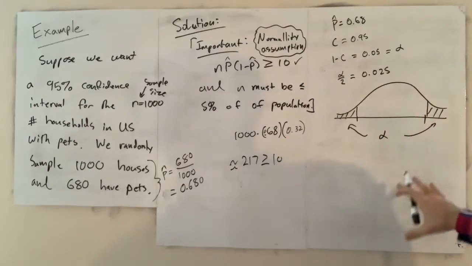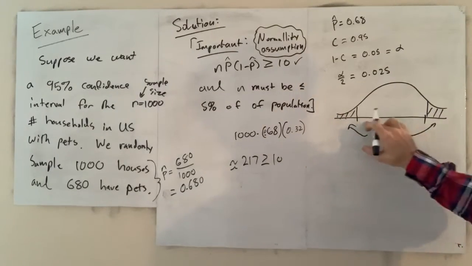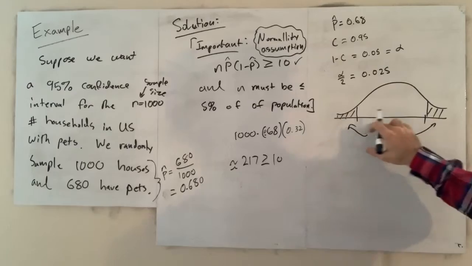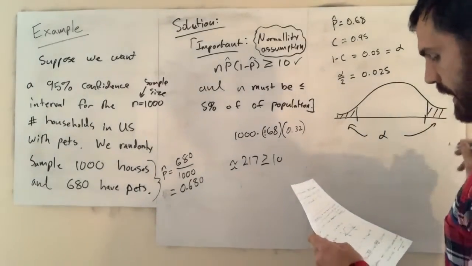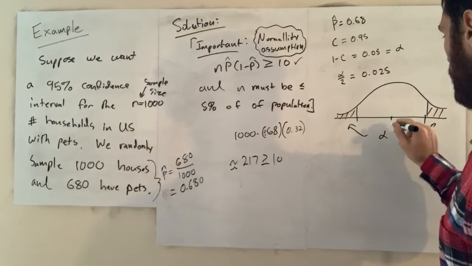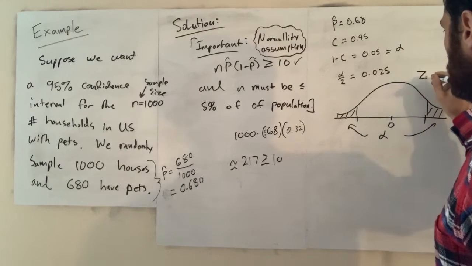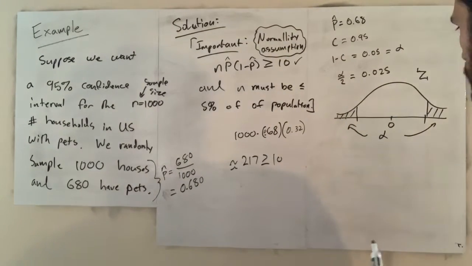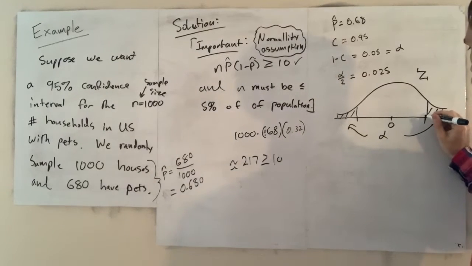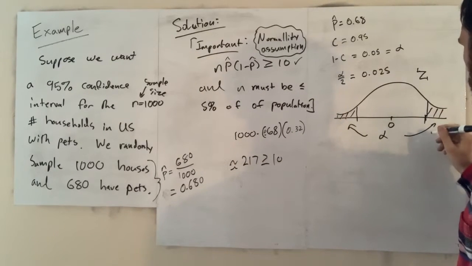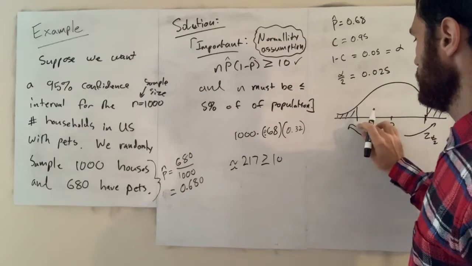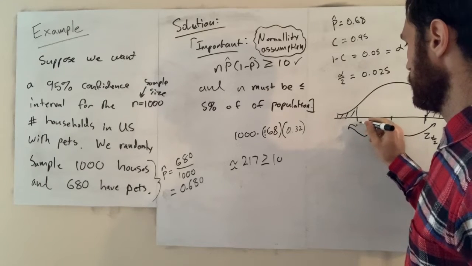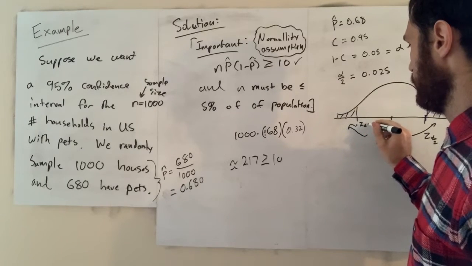Those are kind of the bad regions that you don't want. You want your parameter to kind of be around here. And so if we're in a standardized normal distribution, then this part here is just going to be z sub alpha over 2, and this part here is going to be negative z sub alpha over 2.